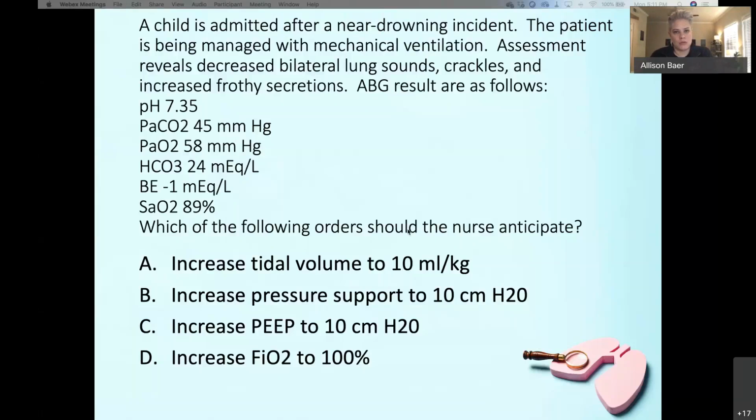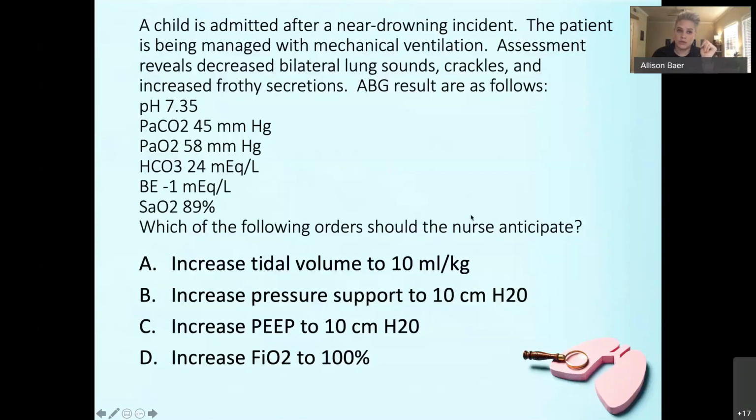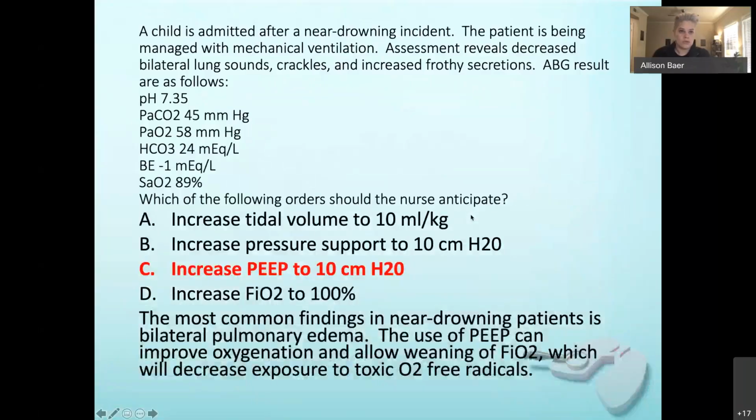Okay, so if it's near drowning with these lung sounds, frothy secretions, crackles, think pulmonary edema. And what helps with pulmonary edema is PEEP. Also, you can tell they're not getting great oxygenation because of their O2 and their SaO2 or their SATs. So, you could think FiO2, but PEEP is going to help with the pulmonary edema, which is going to help with your oxygenation.